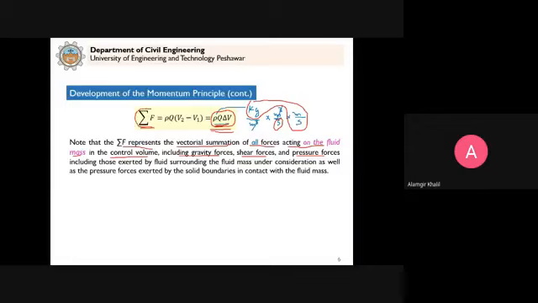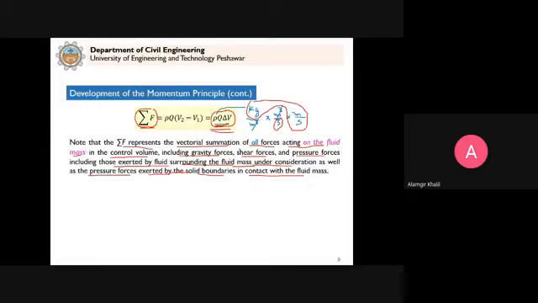So any one of the forces we can calculate, provided other quantities are given. This summation of forces refers to all the forces, including those exerted by the fluid surrounding the fluid mass under consideration, as well as the pressure forces exerted by the solid boundaries in contact with the fluid mass.